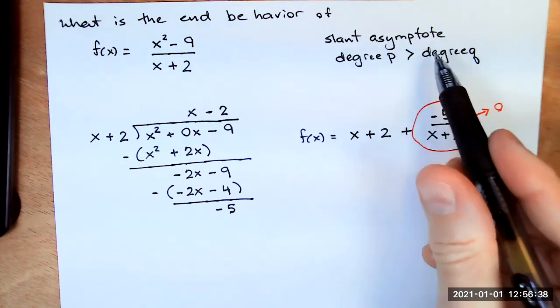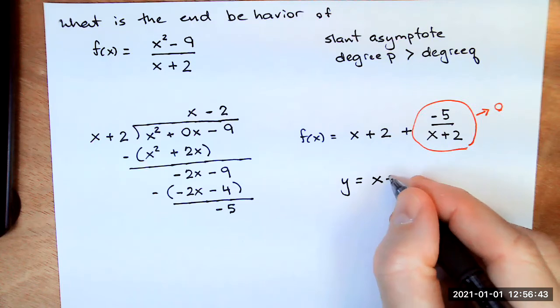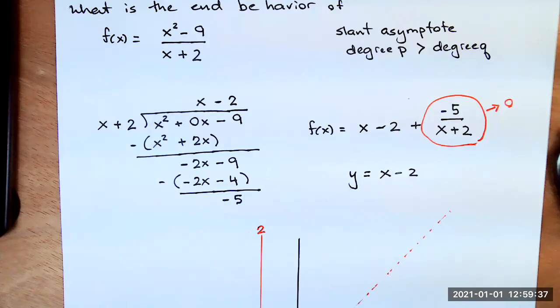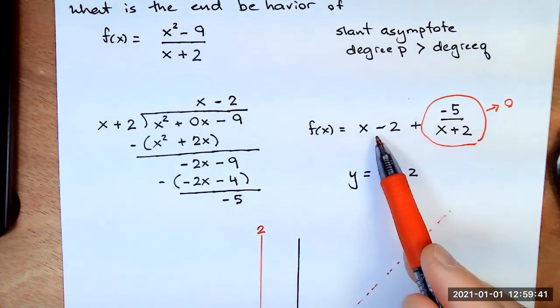So this will be asymptotic to the function y equals x minus 2.